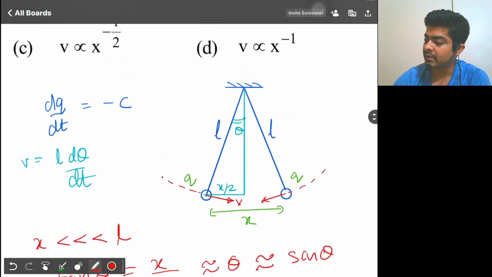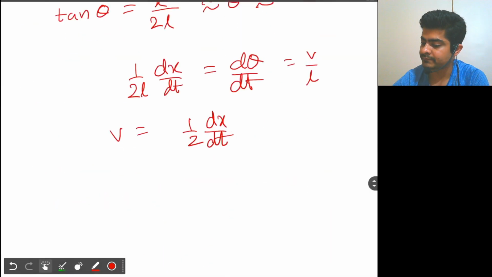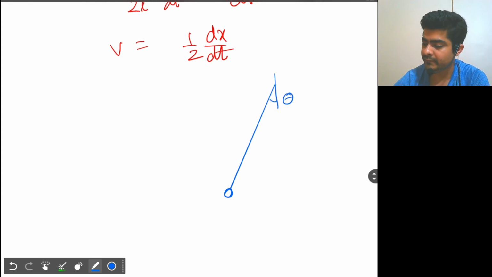For that, let's look at the geometry of this sphere. Let's draw this again. So this is the sphere and string, and this is the sphere over here. With the vertical, it is making angle theta.